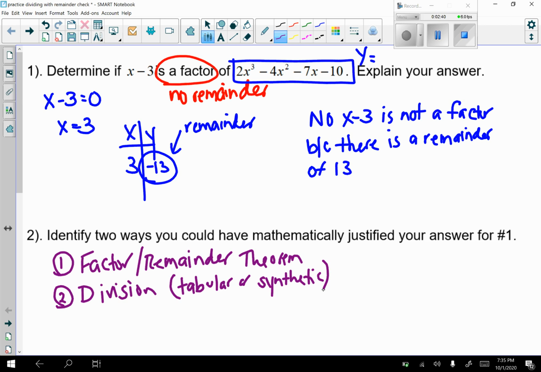So let's take a look at an actual division problem so we can review both those methods.